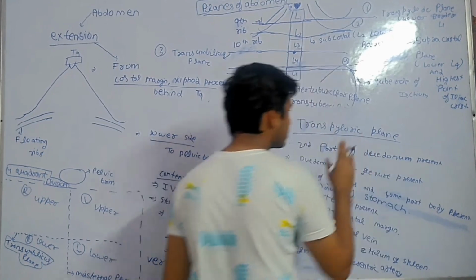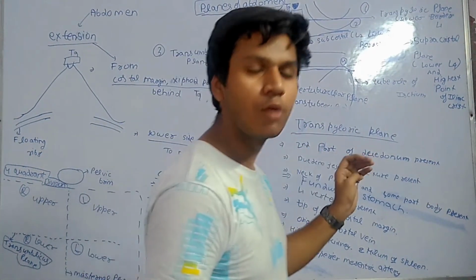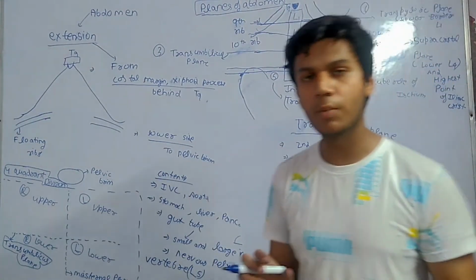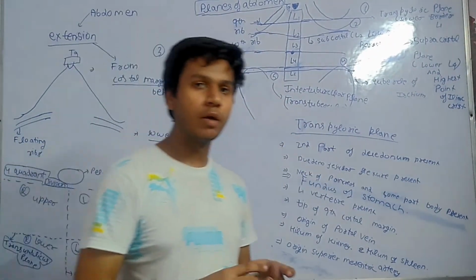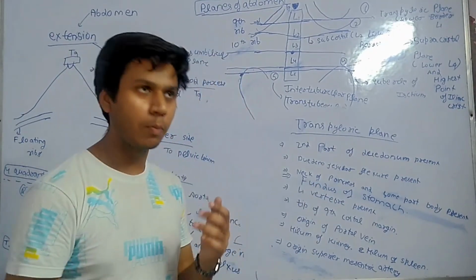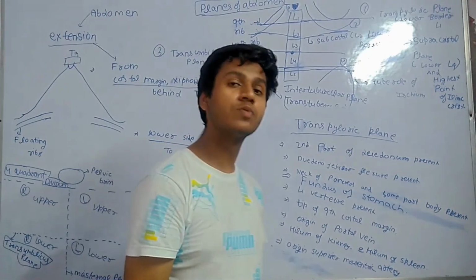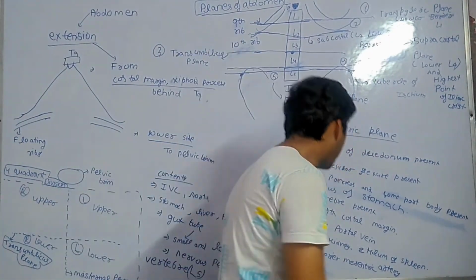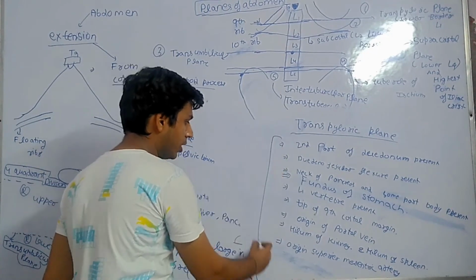So these are some points about the transpyloric plane: second part of the duodenum, tip of the 9th costal margin, L1 vertebra, portal vein origin, superior mesenteric artery origin, neck of the pancreas, hilum of kidneys, hilum of spleen. These are some important points.